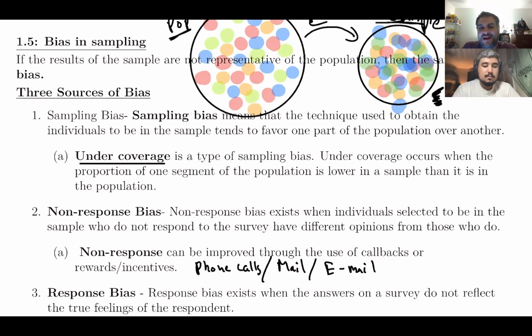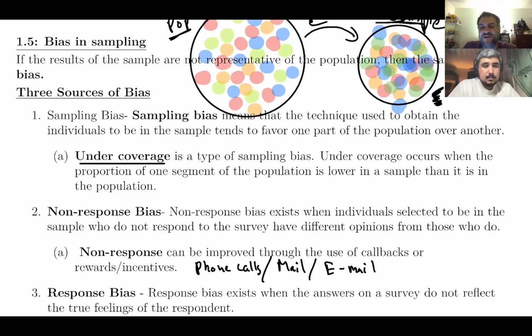Think about it, like if you've ever gotten a phone call from somebody asking, do you want to take a survey? 99% of the time, what happens is you just hang up on them. So that's non-response, because they wanted you to participate in the survey, but you were not responsive to them.